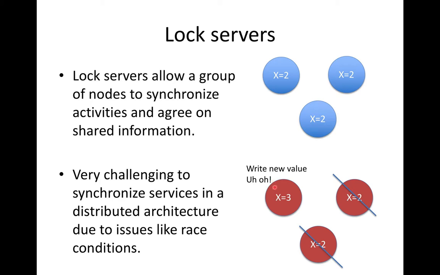I mean, imagine that X isn't holding the value of 3. Maybe X is holding the service endpoint for the database service. And in this case, one of the lock servers thinks that the database service is located at one endpoint, and the other two service discovery servers think that the database service is located at a different location.